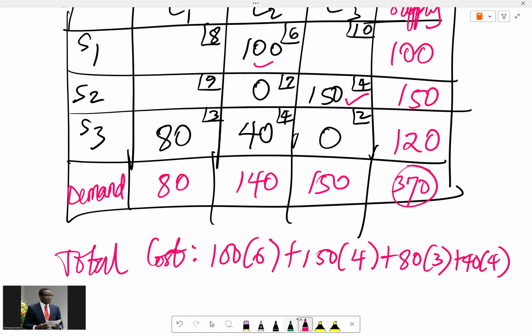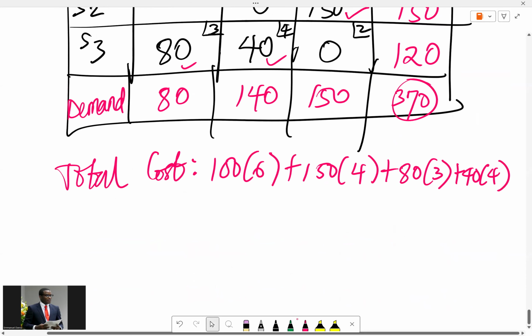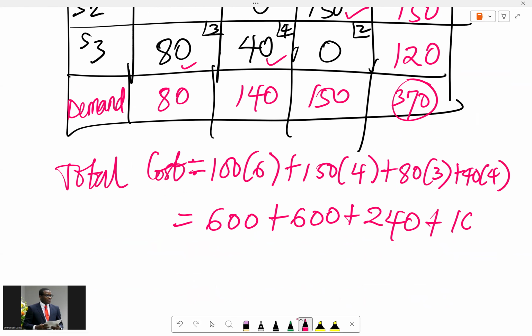So we now have 600 plus 600 plus 240 plus 160.